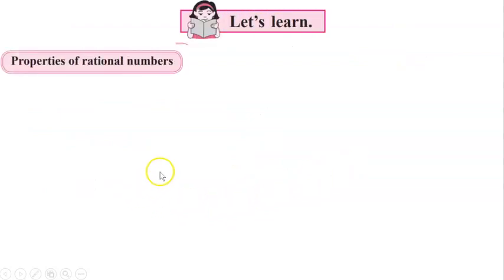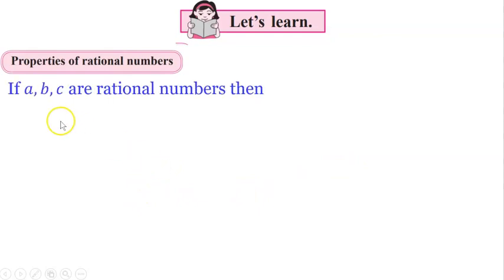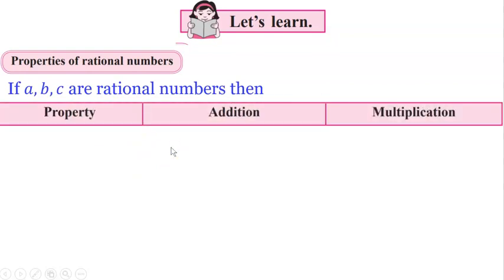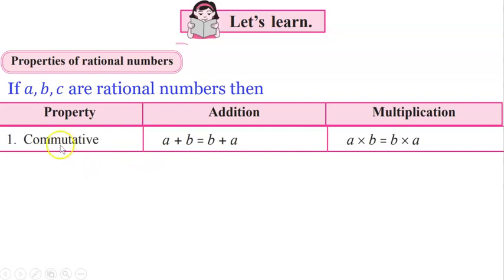Now, properties of rational numbers. If a, b, c are rational numbers, then what are the properties? The first is the commutative property for addition and multiplication. If you take any two rational numbers and add them like this, a plus b, then their addition is equal to b plus a.